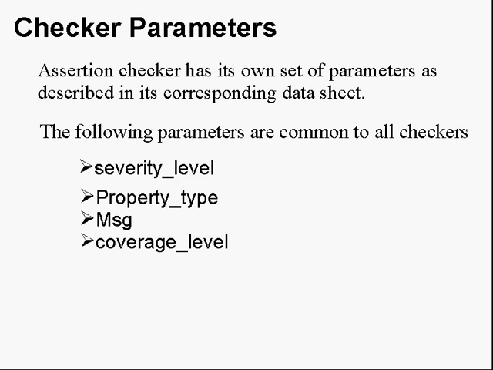Then coming to the second point, include assertion checkers when a module has an external interface. In this case, assumptions on the correct input and output behavior should be guarded and verified. Suppose you are designing one module, and it is going to have an external interface.